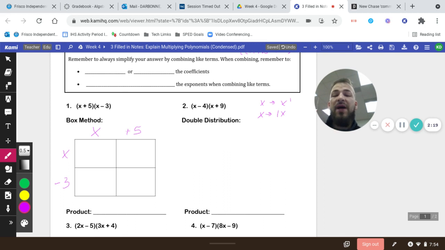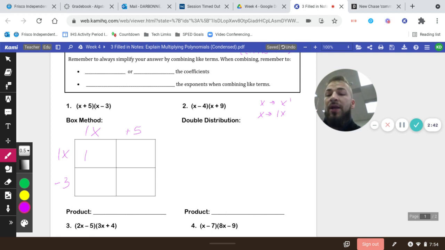Now with the box method, you just multiply across the box. So x and x, see how they line up and would meet here in this box? I do x times x. I multiply the coefficients, which in front of both of these x's is a 1. So 1 times 1 is 1.